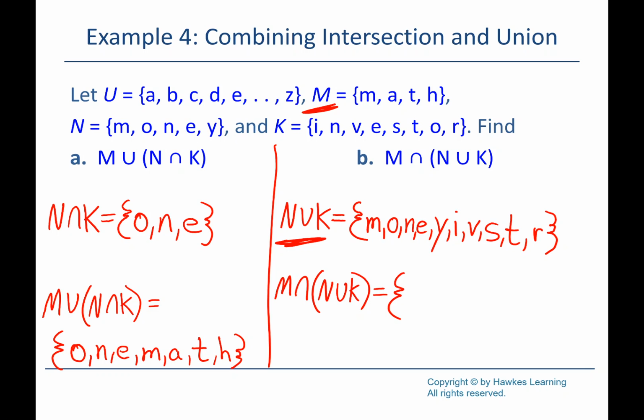So we're looking for letters that are in both of these sets. So M's in both of these. See any other ones? T, yeah, T's in there. I think that's it.